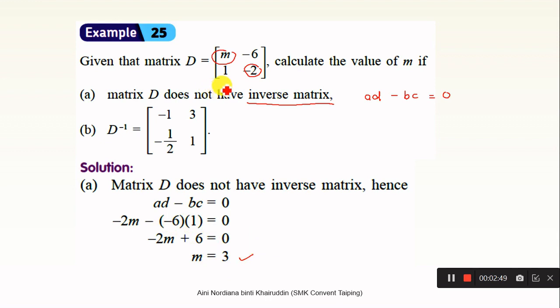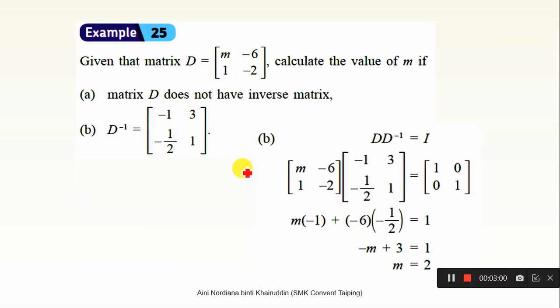For question B, given that the inverse matrix of D is this, how do we determine the value of M? This is the solution for B. When a matrix is multiplied with its inverse, we get the identity matrix.